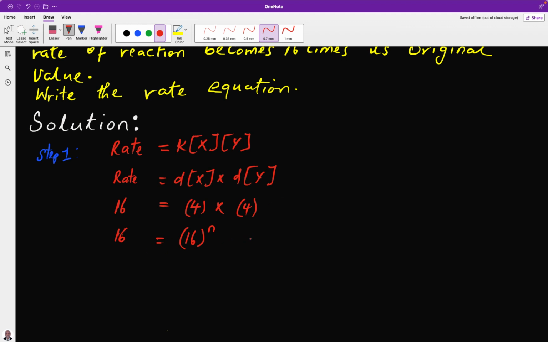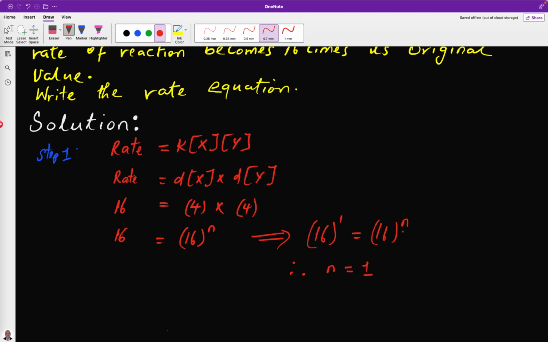Now, what number would, if we raise 16 to, give us this number? 16 to the power 1 will remain 16. Therefore, we can say n is equals to 1.